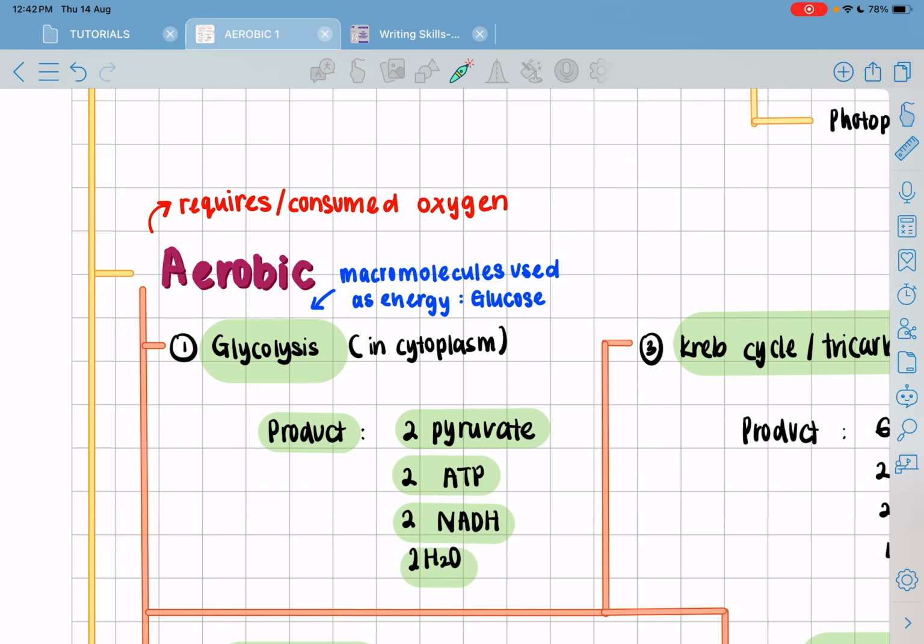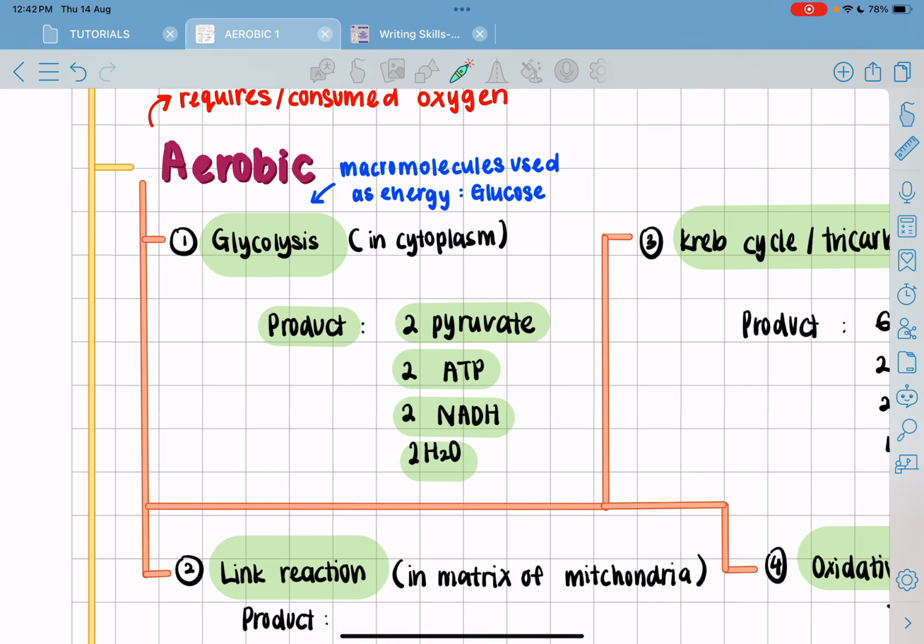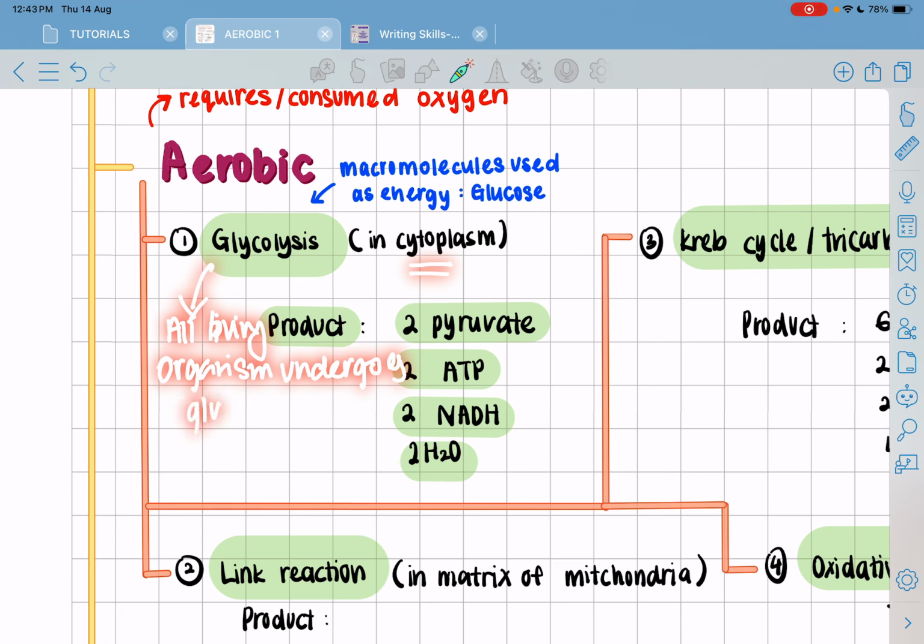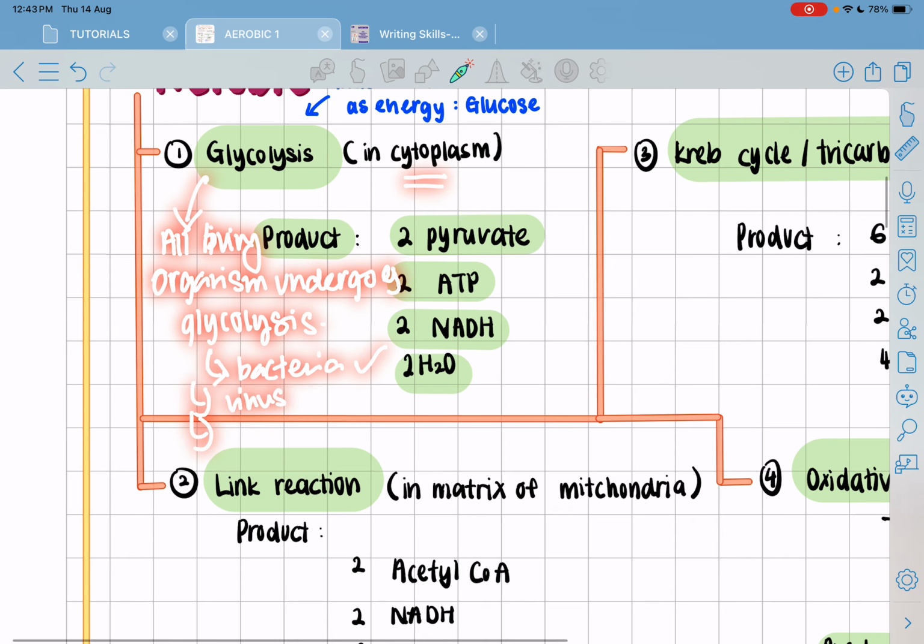So the end product of glycolysis, also glycolysis happens in cytoplasm, meaning to say that all living organisms undergo glycolysis. Now, does that mean bacteria also undergo glycolysis? The answer is yes. What about virus? Is virus a living thing? I'm not sure. Plants?